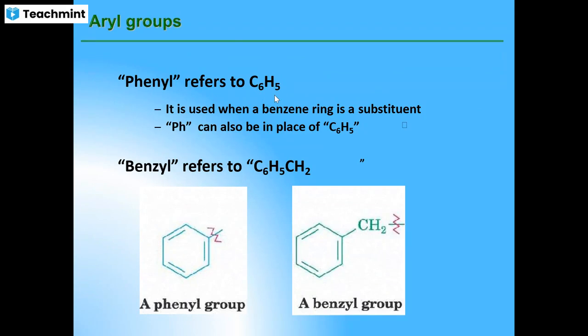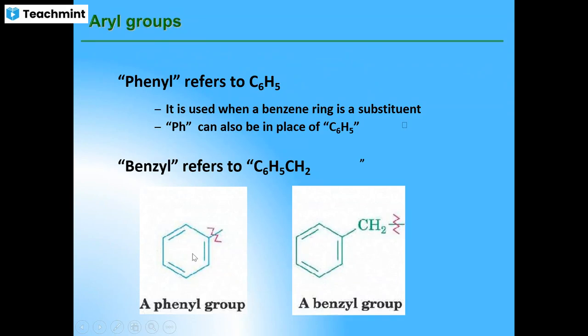That is used as a substituent. It is used when a benzene ring is a substituent, and Ph can also be used in place of C6H5, meaning the phenyl group. Ph is a short form of phenyl. But sometimes we use C6H5CH2, which is used as a benzyl group.